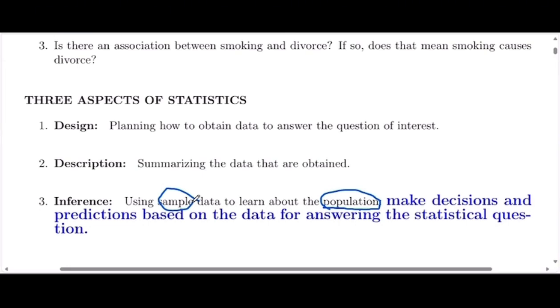Imagine a doctor. This guy is a doctor here, and this guy is sick. The doctor wants to test him. Is he going to extract the whole blood in this guy's body? If he extracts the whole blood, what is going to happen? That could amount to suicide. So the whole blood is a population.